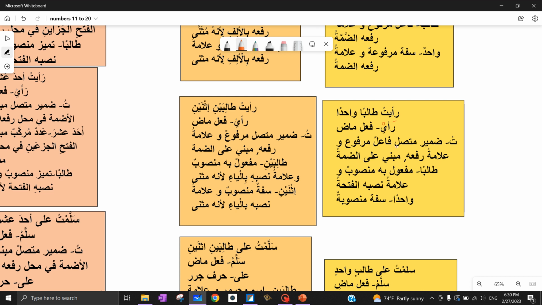That's why here you have to write muttasil. Why? Because this damir is attached to the fi'l madi. Fa'ilun. This is the fa'il. The attached damir is in the fa'il position. We know according to the grammar rules, whenever a damir is attached to the past verb, it is in the position of fa'il. Marfu'un wa alamatu raf'ihi mabni ala dam.